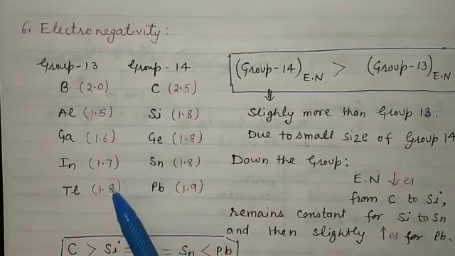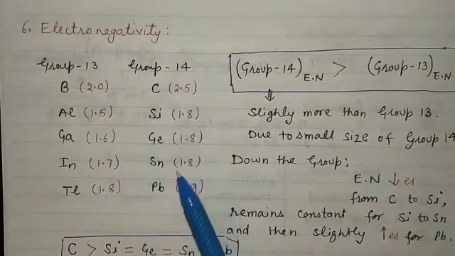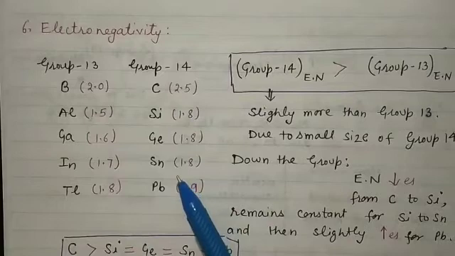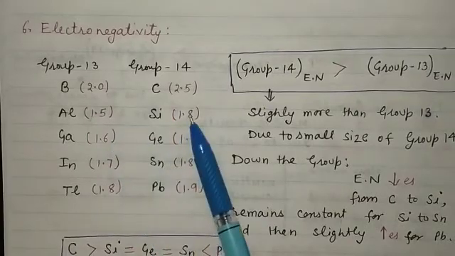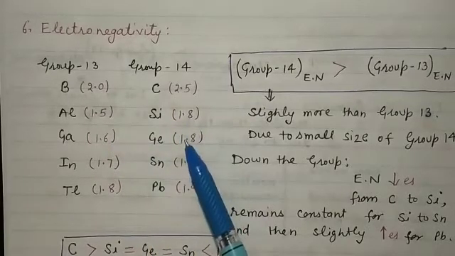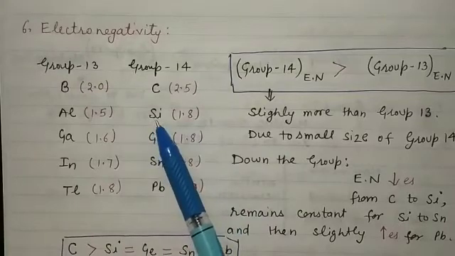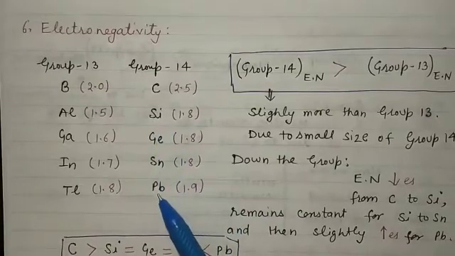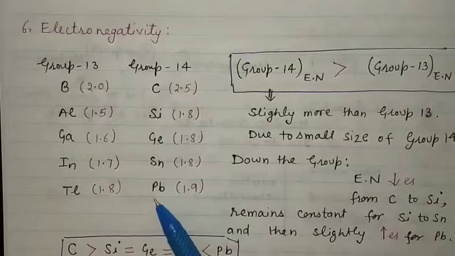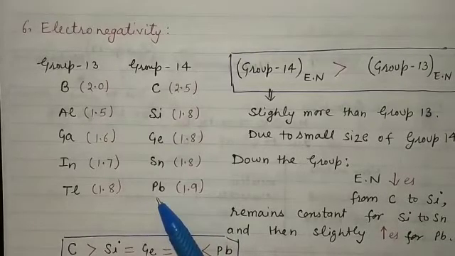In group 14 it is greater than that of group 13 elements, but it remains constant from silicon to tin, and thereafter there is a slight increment in the electronegativity of lead.